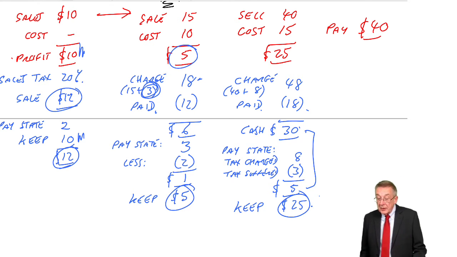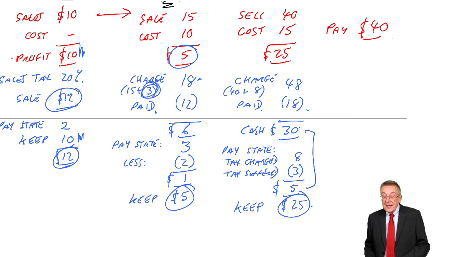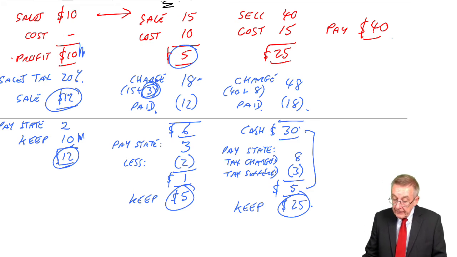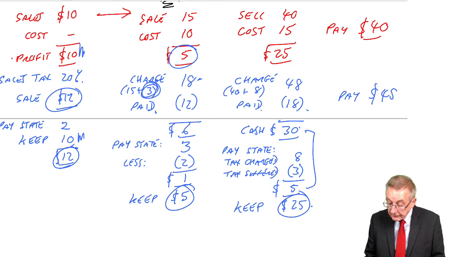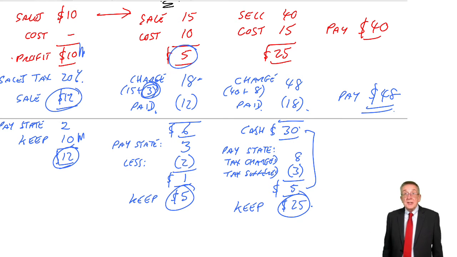Finally, what about you, though? Without tax, you'd have paid 40. With tax, the shop's now charging you 48. And so, in fact, the only person who suffered is you.